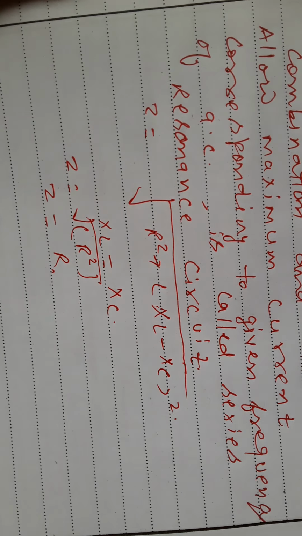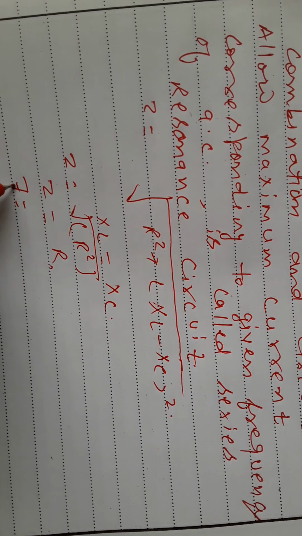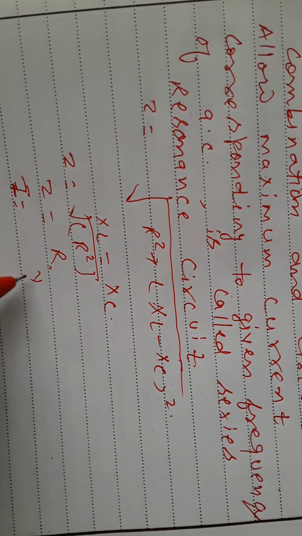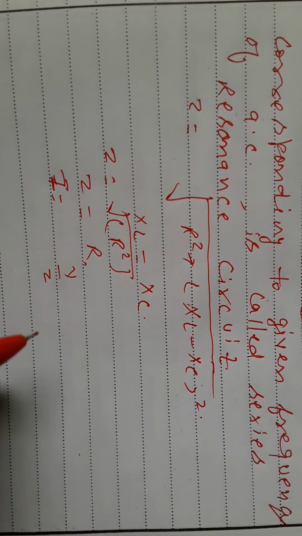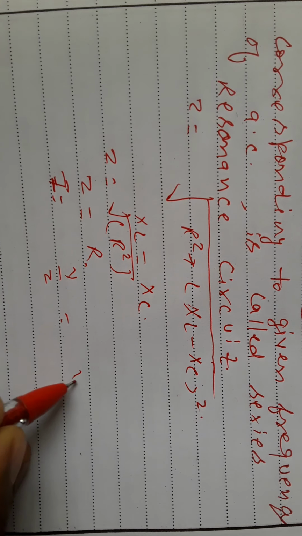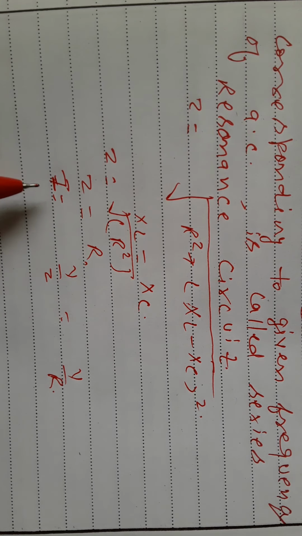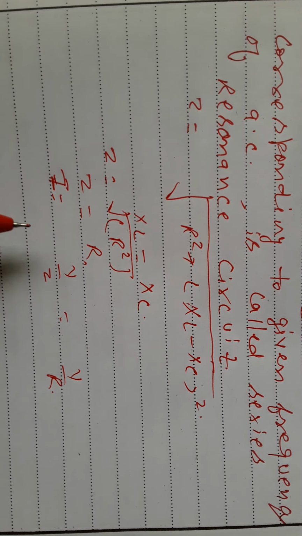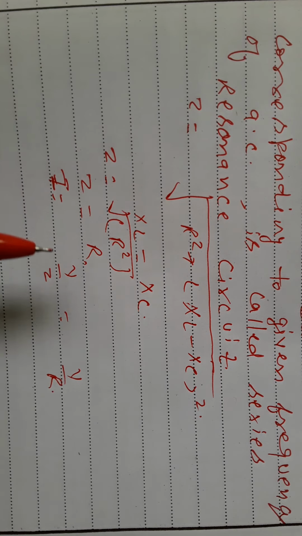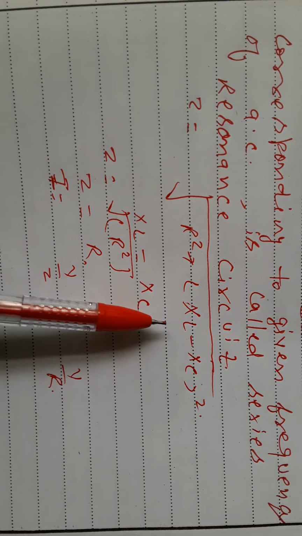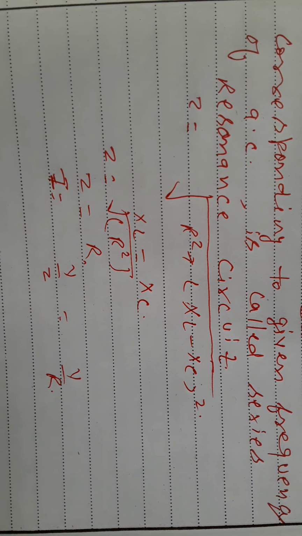Now the current in the circuit is given as I is equal to V by Z. Here Z is equal to R. If R is minimum, then current will be maximum. So if the circuit allows maximum current, then at that particular frequency XL should be equal to XC.